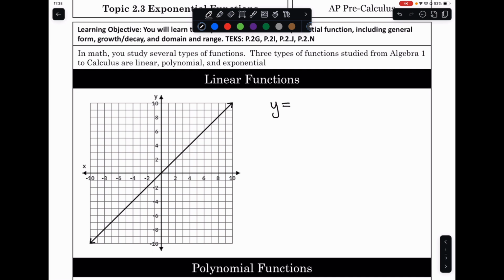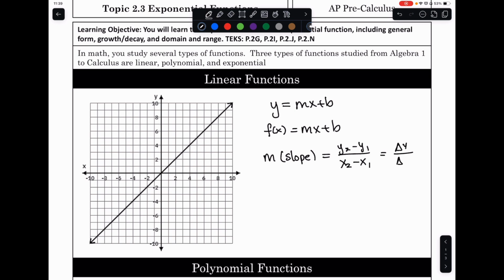That's the equation of the form y equals mx plus b, or in function notation, f of x is equal to mx plus b, where m, which is the slope of the line, is calculated by getting the rise of our function and dividing it by the run of our function. y2 minus y1 over x2 minus x1, the change in the y terms divided by the change in the x coordinates. And b, well, that is going to be your y-intercept.